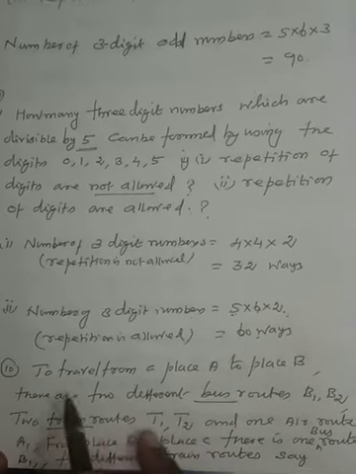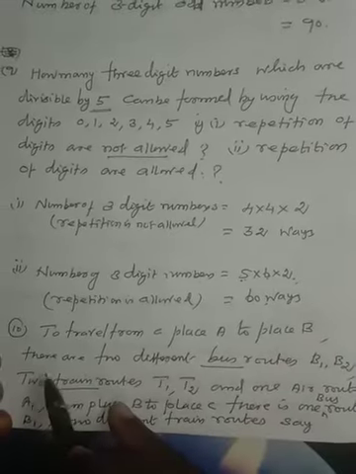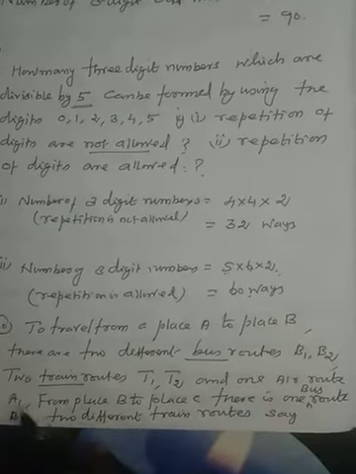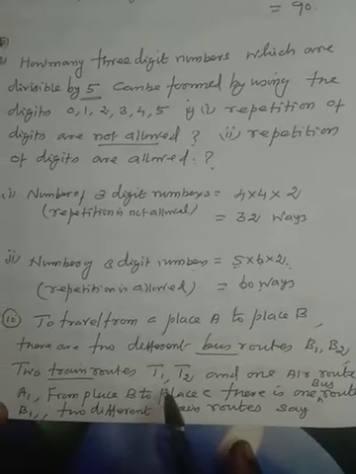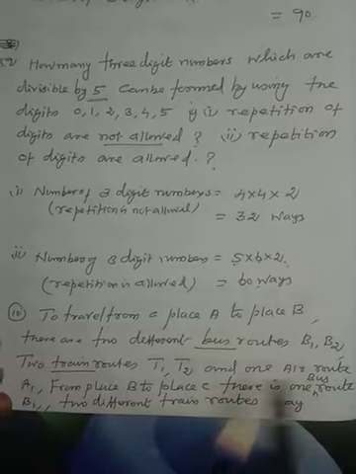Sum number 10. To travel from place A to place B, there are two different bus routes B1 and B2 and two train routes T1 and T2, and one air route A1.